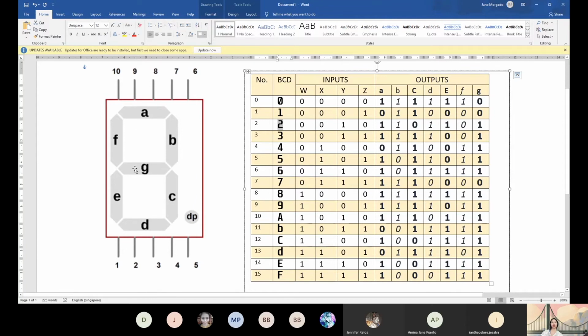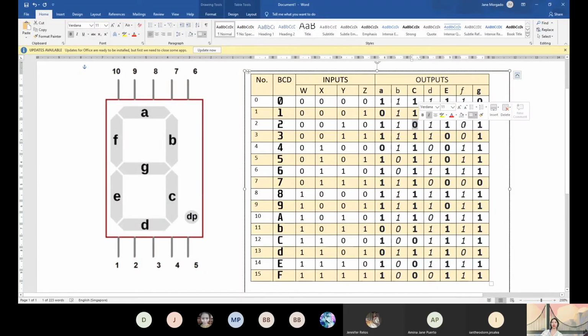For 2, we have A, B, G, E, D. A is 1, B is 1, G is 1, E and D are 1. C and F are 0.